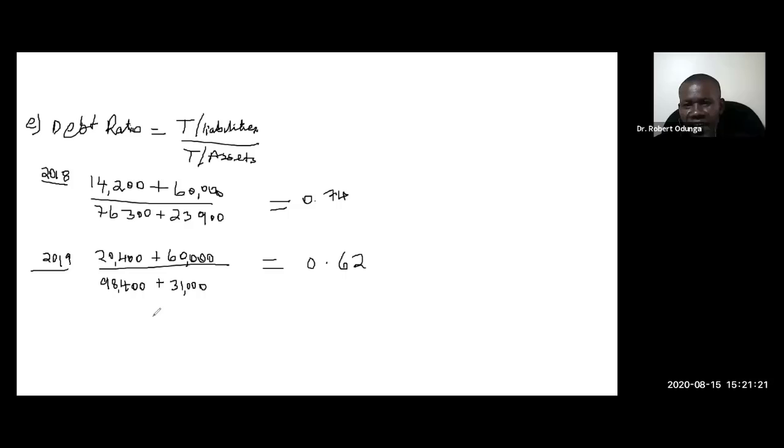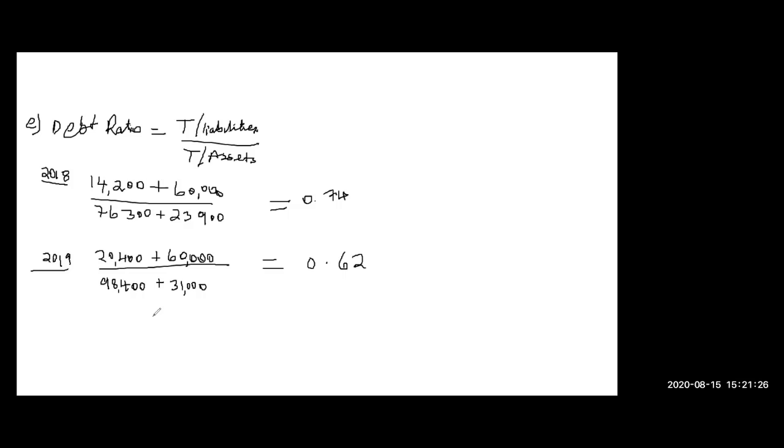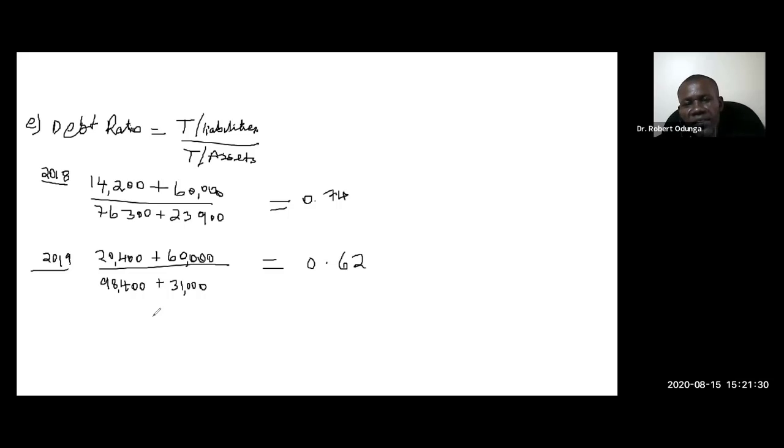The lesser the liabilities, the better for the organization, because it increases the net worth of the organization. Net worth is assets minus liabilities. So if you have lesser liabilities, the value of the business is up, because liabilities reduce the value of the business.